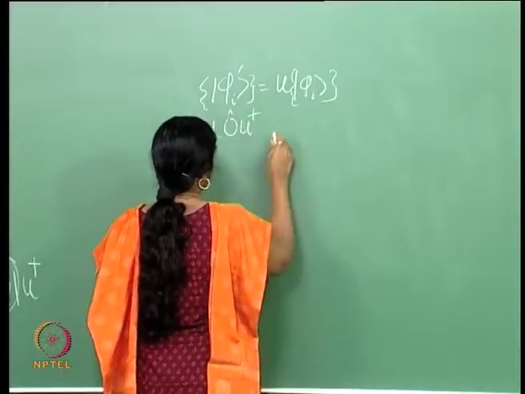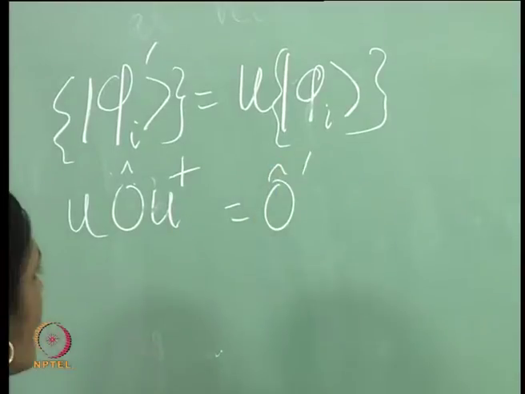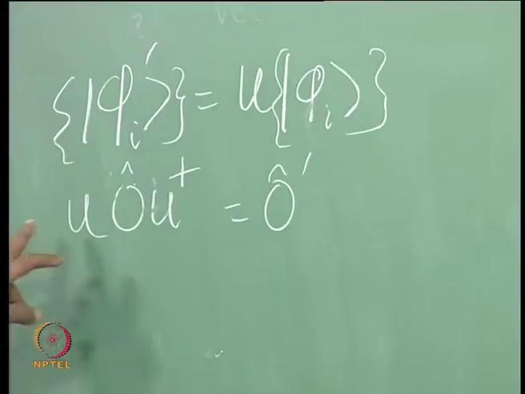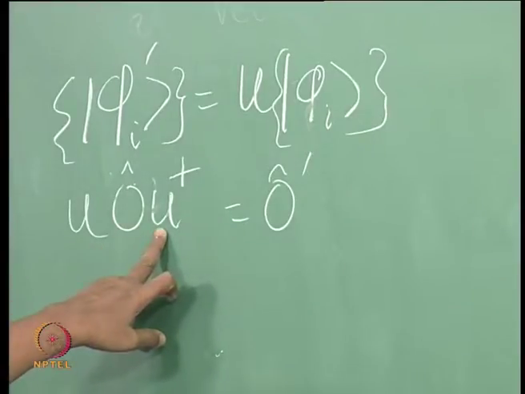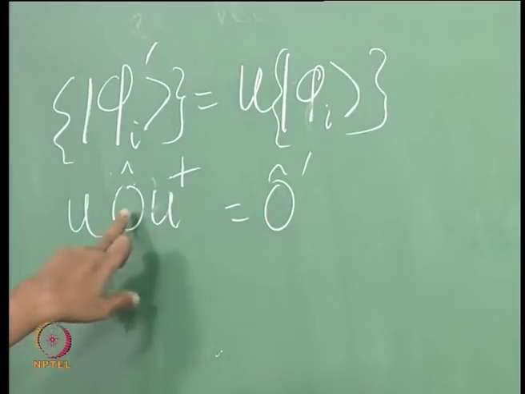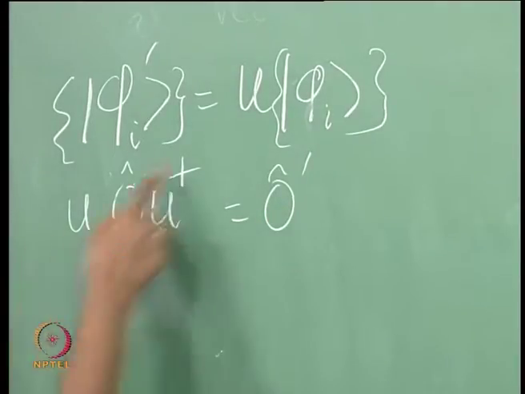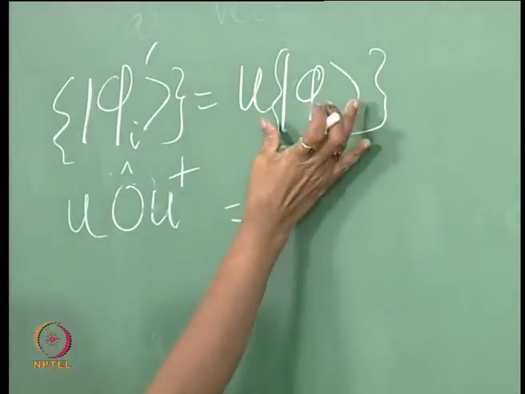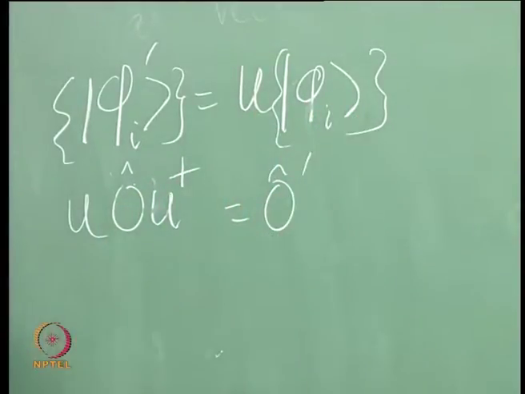If this is an operator O, it goes to a new operator O prime. The relationship between the primed basis state operator and the unprimed one comes about in this manner, where the same unitary operator is used for both the transformation of the basis set and for the operators.